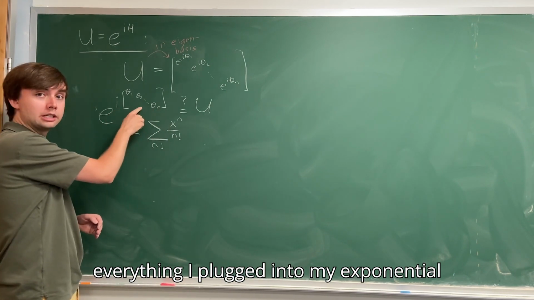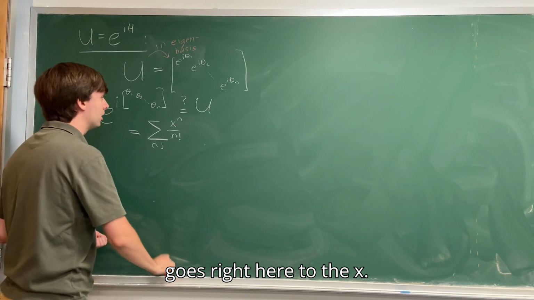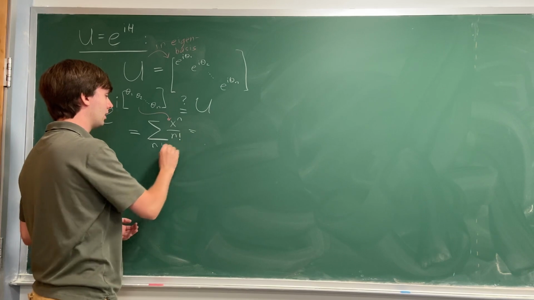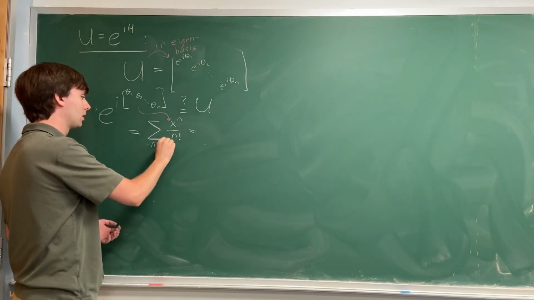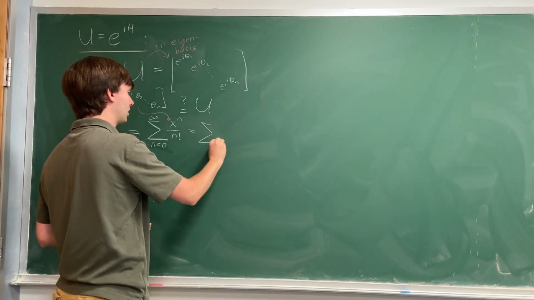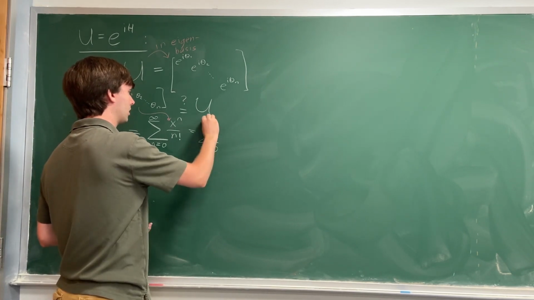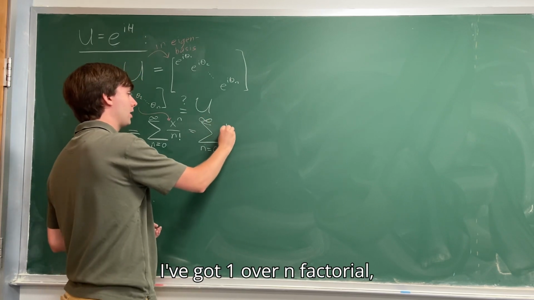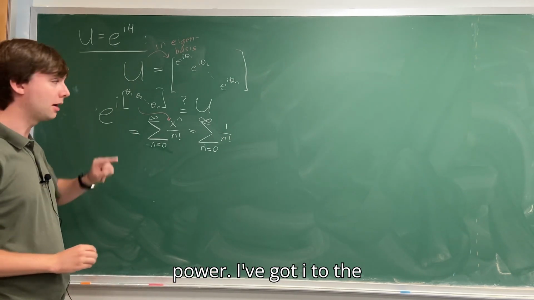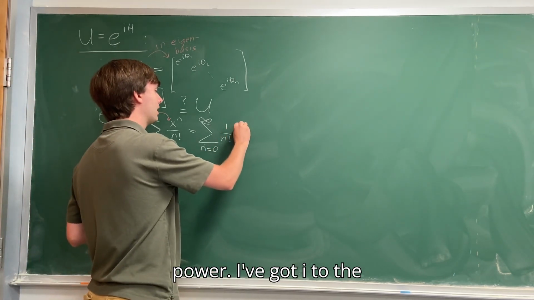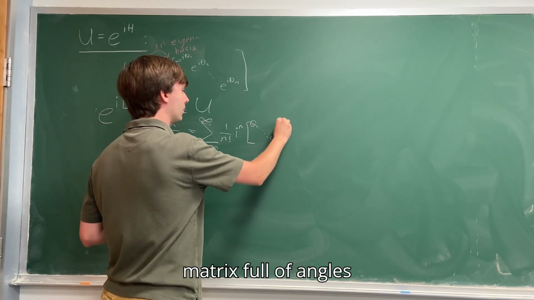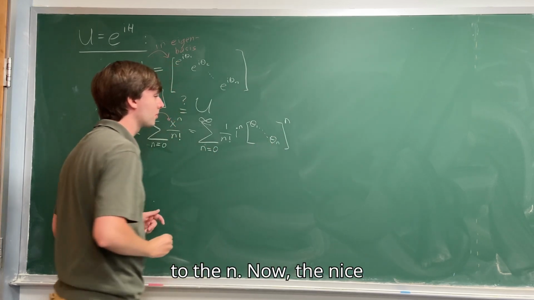Now everything I plugged into my exponential goes right here to the x. And this becomes 1 over n factorial, and all this stuff is raised to the n power. I've got i to the n, and I have that matrix full of angles to the n.